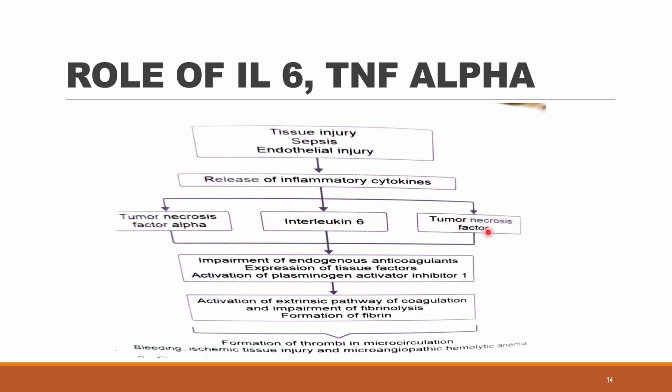So, because of release of these inflammatory mediators, they will express tissue factor in our body, and they will activate plasminogen activator inhibitor. See, this is very important. Because of expression of tissue factor, the extrinsic pathway of coagulation is activated. And because of activation of inhibitors of plasminogen activator, fibrinolysis will not occur. So there is an impairment of fibrinolysis and widespread thrombi will be there in our body.